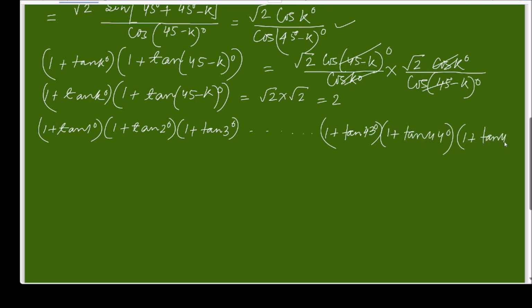No need of writing, we know that 1 plus tan 45 is 2. So I'll take them as pairs: 1 with 44. So 1 plus tan 1 degree with 1 plus tan 44 degree.